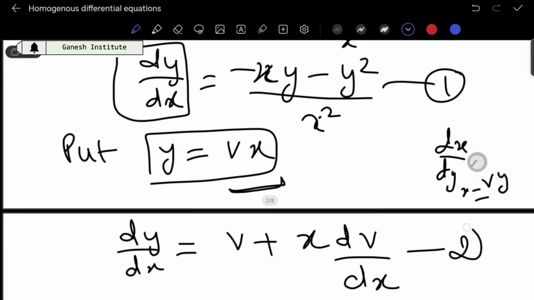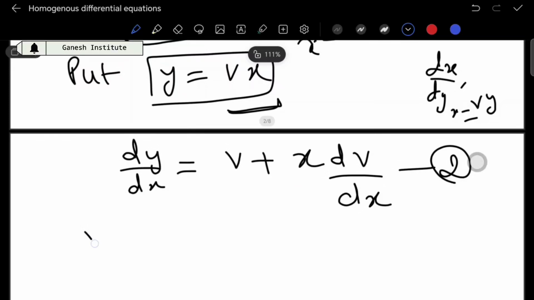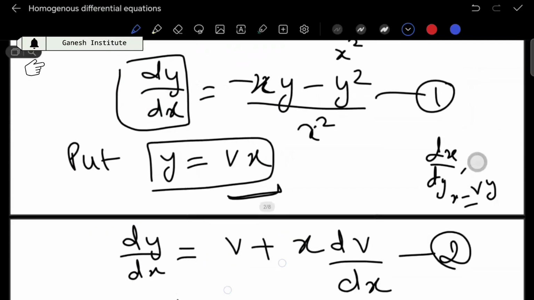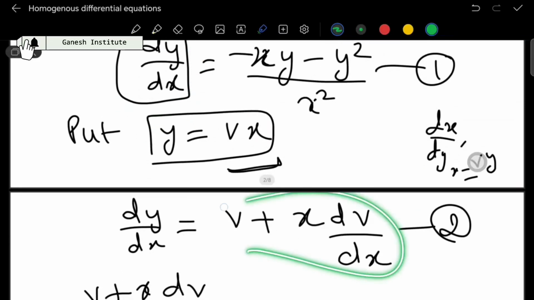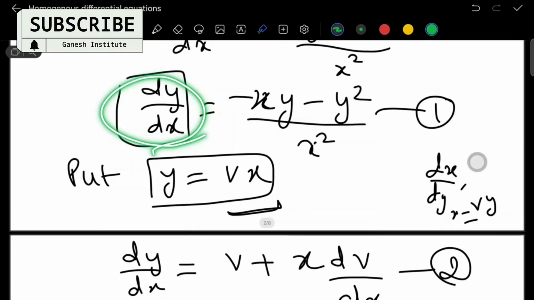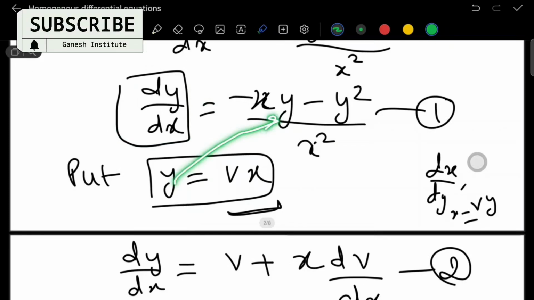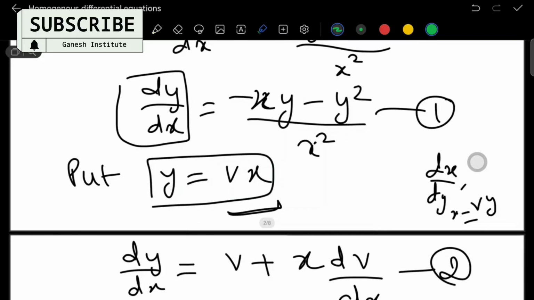This is first, this is second. So on putting second into first, what have we got? v plus x dv by dx. This is dy by dx. So I have put it here, and now I'm placing vx in place of y.